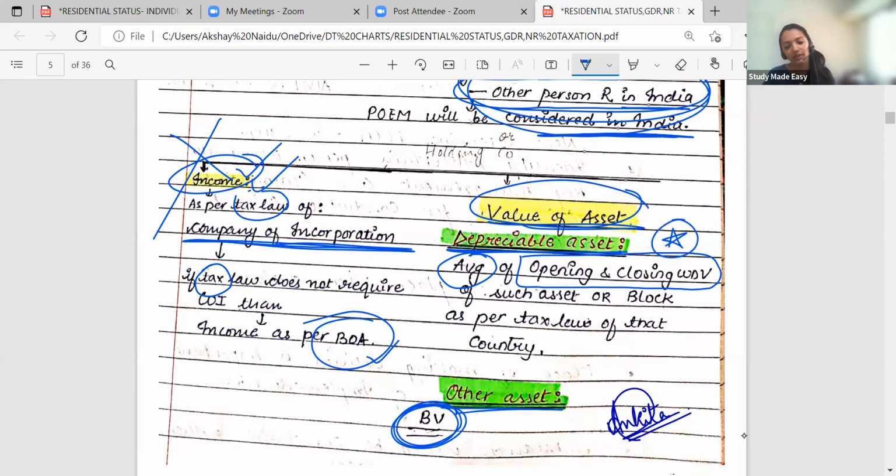Yes. We can expect little bit MCQ from this. So when it comes to depreciable asset, opening mein what was the WDV, closing mein what was the WDV, take an average and this value should be taken according to their respective tax law. If again the company is not required to make block of asset, again take the books of account ki value. Done?